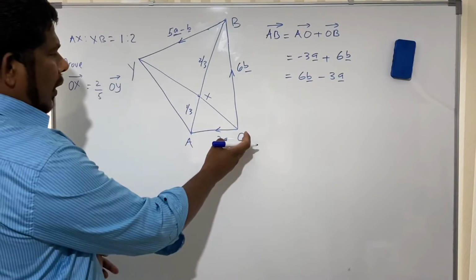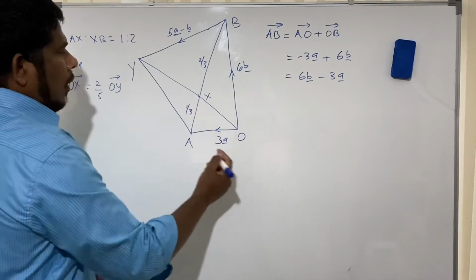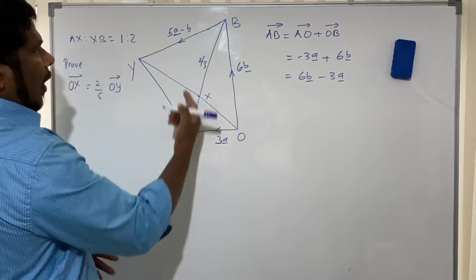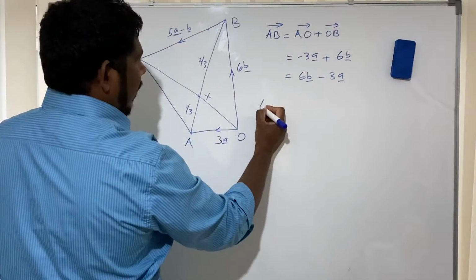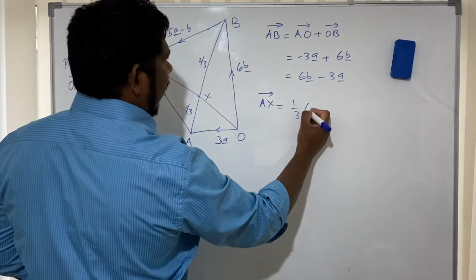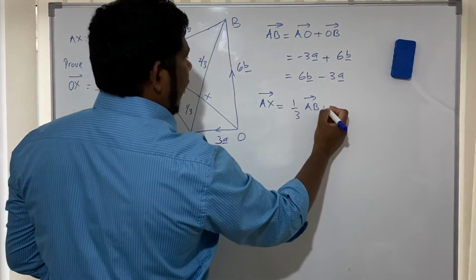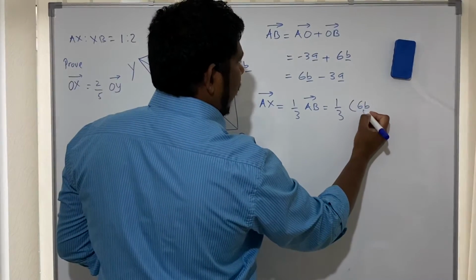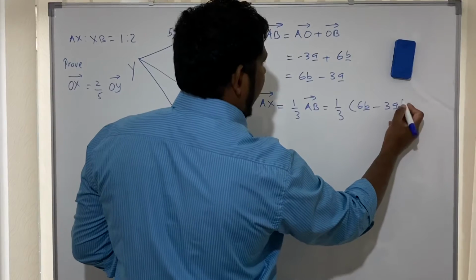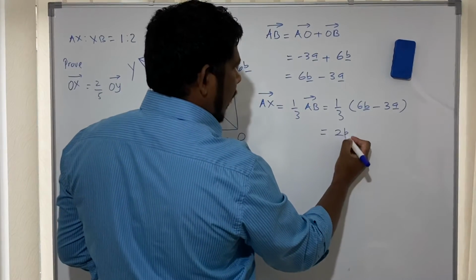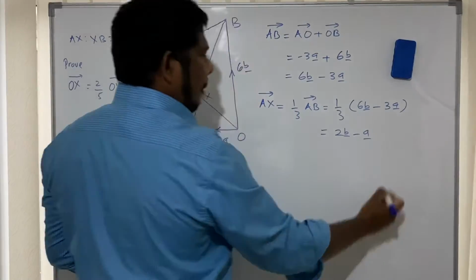We can go O to A and A to X. AX is 1/3 of AB, so vector AX equals 1/3 of (6b minus 3a). So it gives 2b minus a.